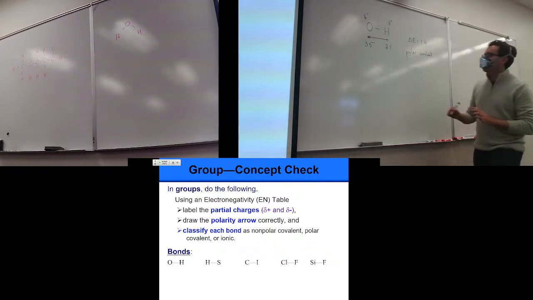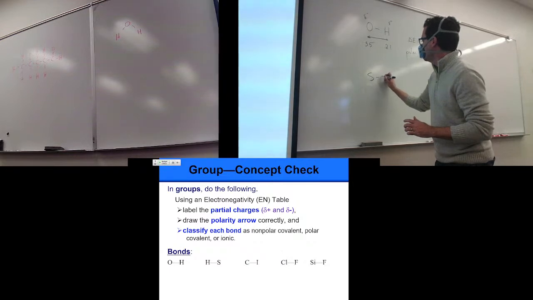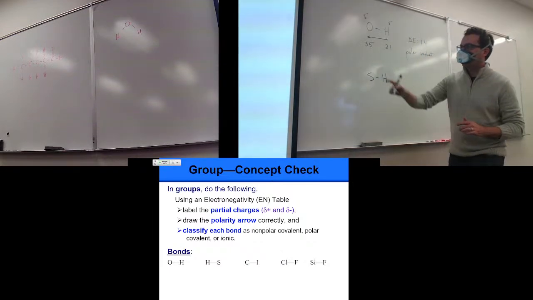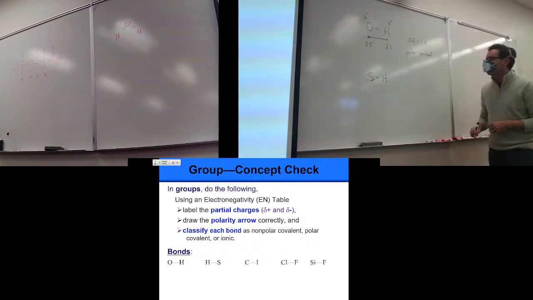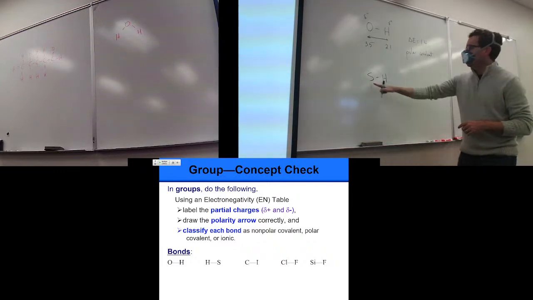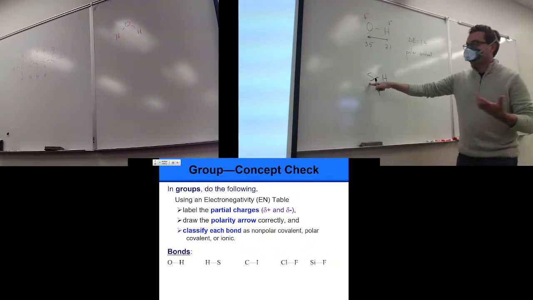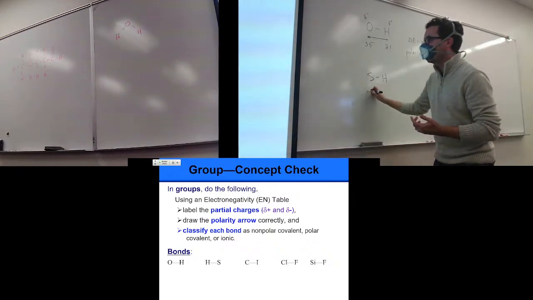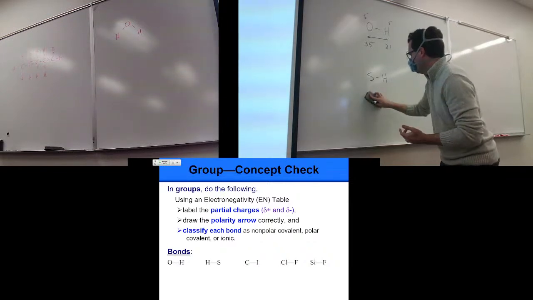So if I compare that with SH, and I know I wrote it backwards, but it's okay. Same thing. Sulfur is more electronegative than hydrogen is. Let's just write down the numbers. Sulfur is 2.5, not 3, 2.5.